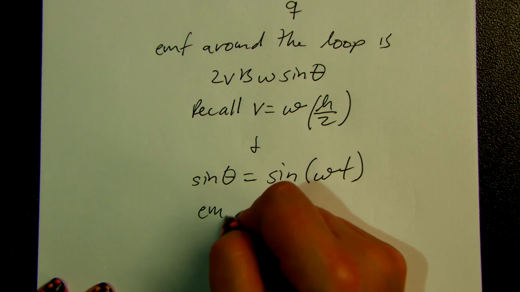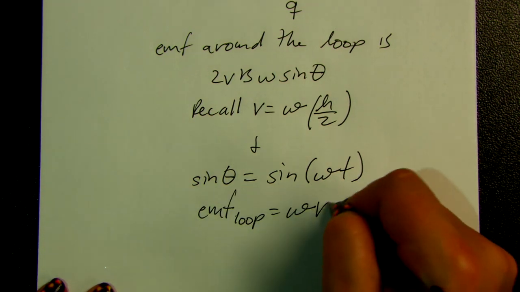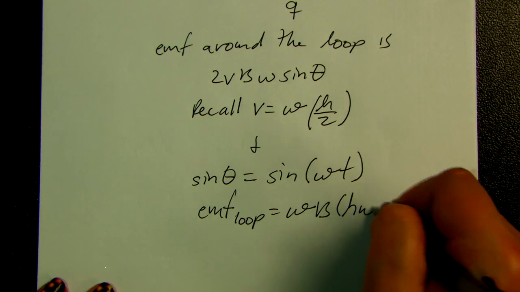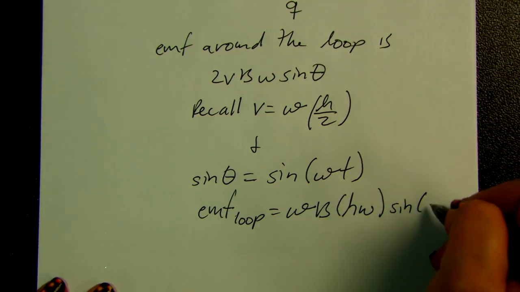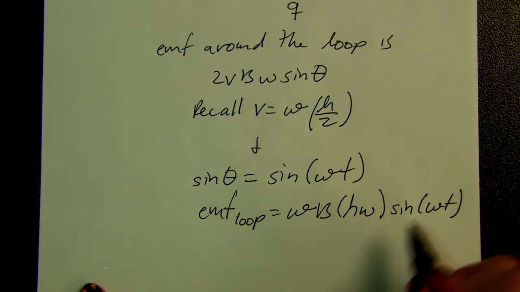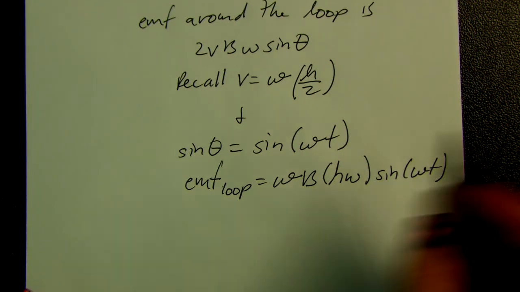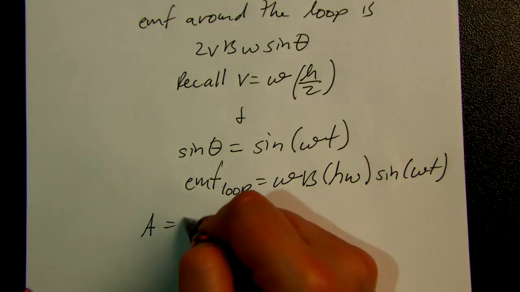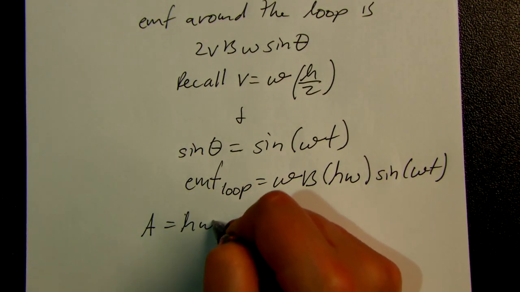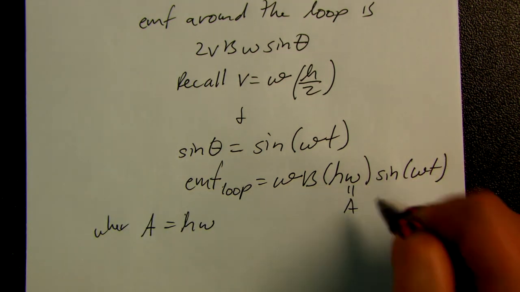And so EMF loop is equal to omega B H W sine omega t. I believe last year I told myself I should change my W's to something else, and I forgot to do that. Area is equal to H times W, so you could just sub that in for area there.